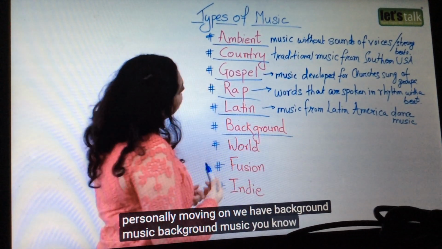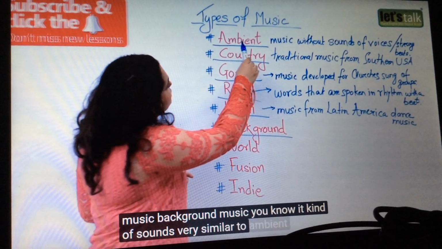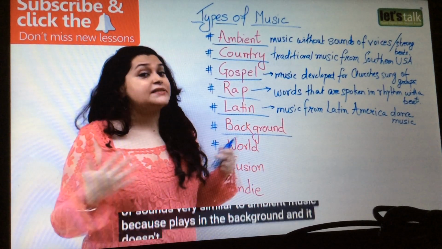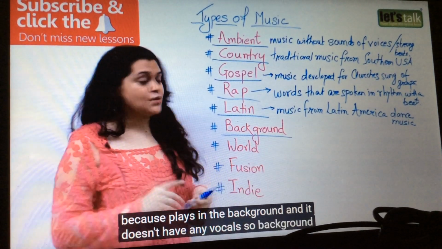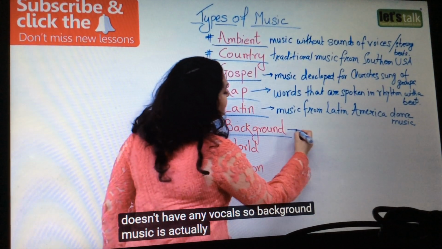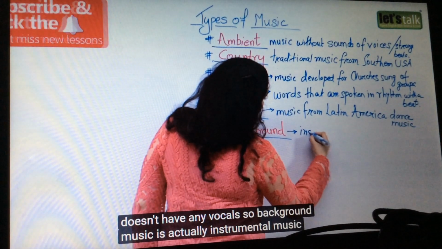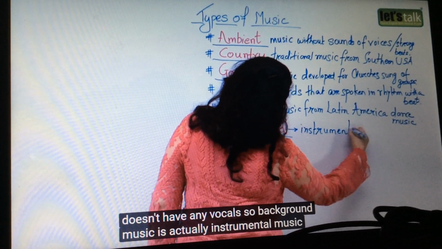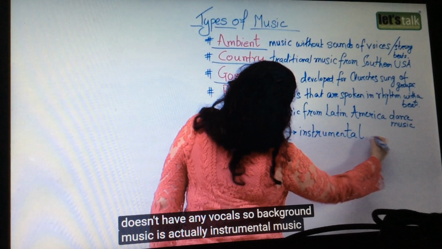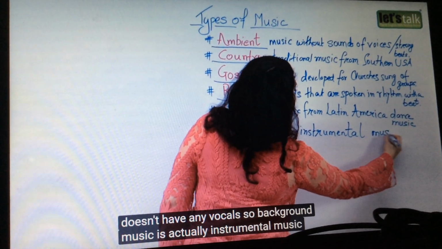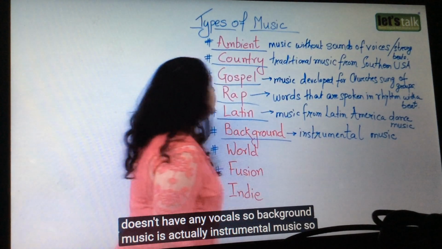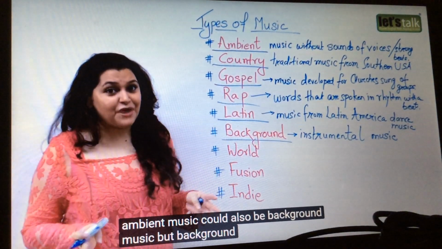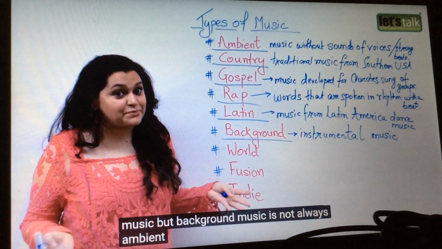Background music kind of sounds very similar to ambient music because it plays in the background and it doesn't have any vocals. So background music is actually instrumental music. So ambient music could also be background music, but background music is not always ambient music.